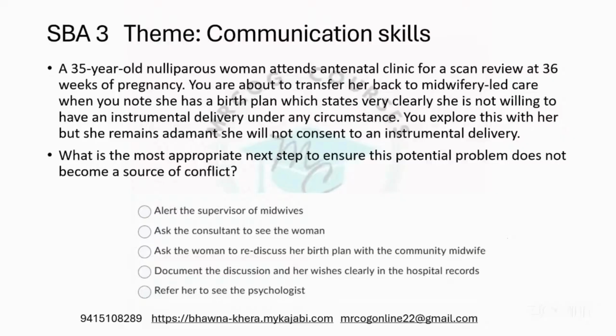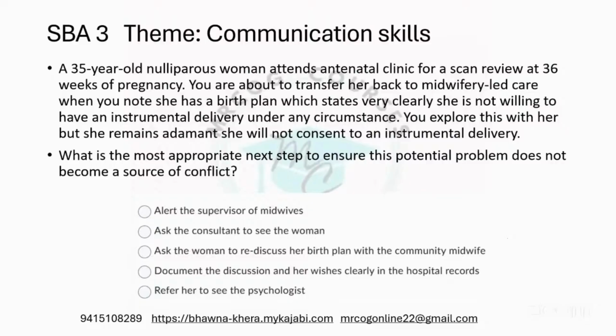A 35-year-old nulliparous woman attends. This is slightly tricky, so pay attention to it. A 35-year-old nulliparous woman attends the antenatal clinic for the scan review at 36 weeks of pregnancy.